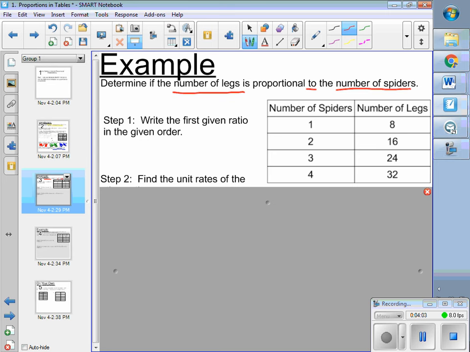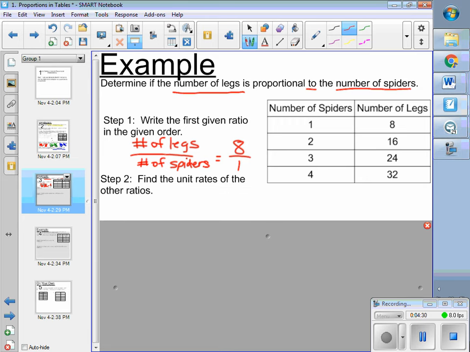So it would be 8 to 1. So we write the first given ratio in the given order. So it's 8 to 1.